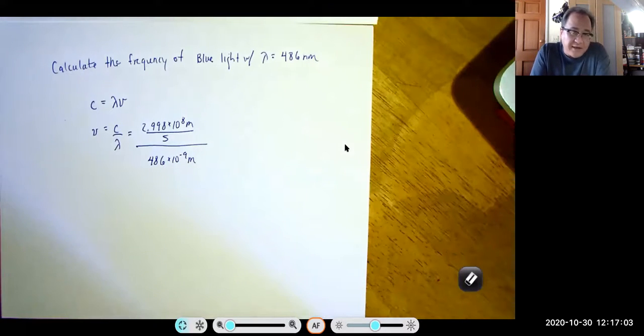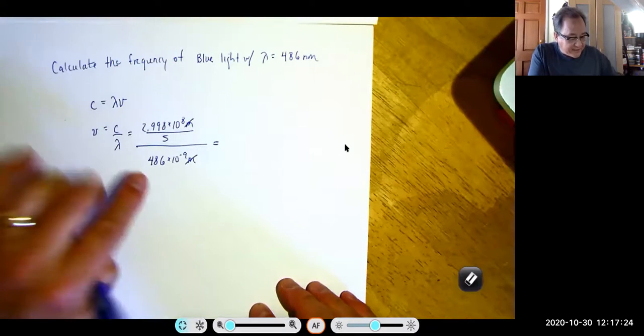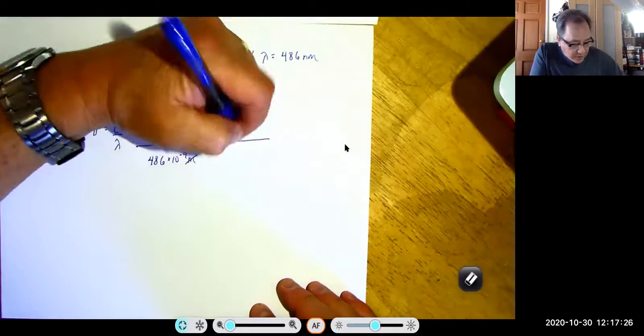Do you see what I did there? Rather than leave the nano in, I just changed it to 10 to the minus 9, which is totally legal because that's what nano really means. So now meters cancel, but the second doesn't. So our answer is going to be over second.